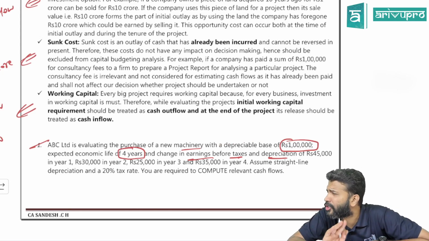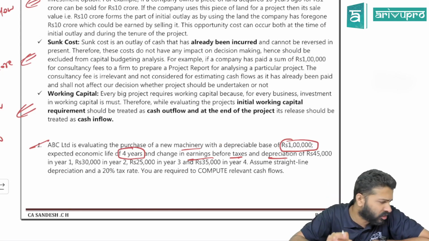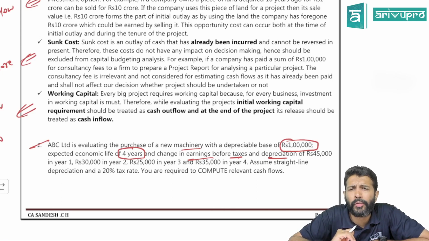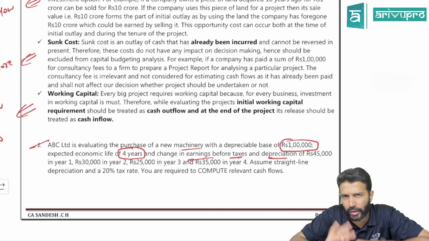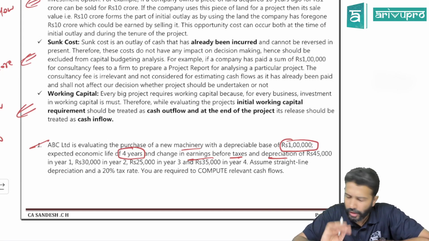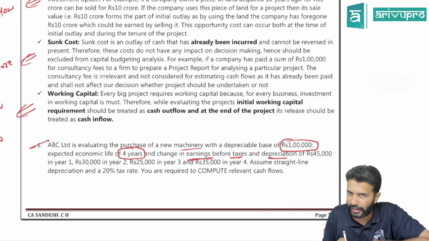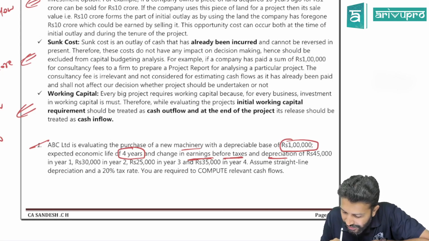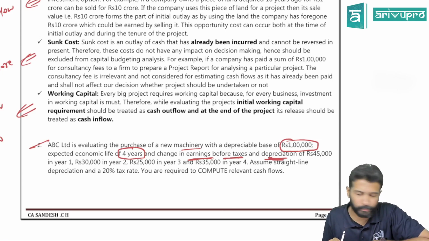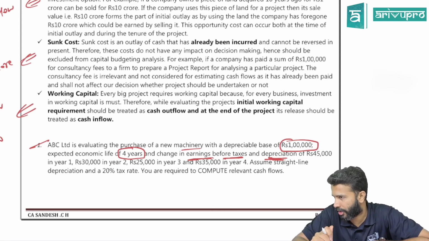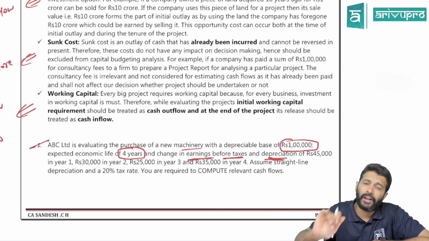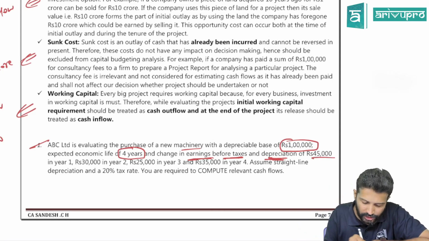Depreciation is an expense, no? Expense you will reduce, then only you will get the correct amount of profits. So they're saying earnings, meaning the profit, before tax and before deducting depreciation.